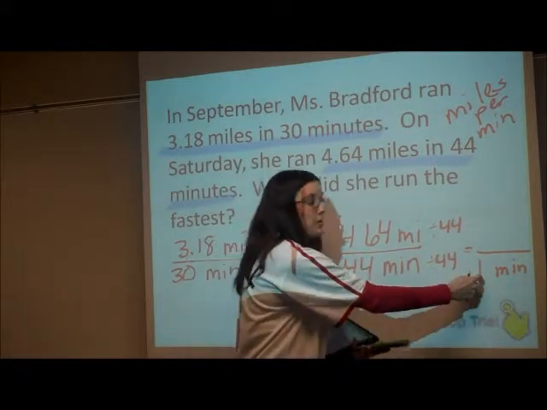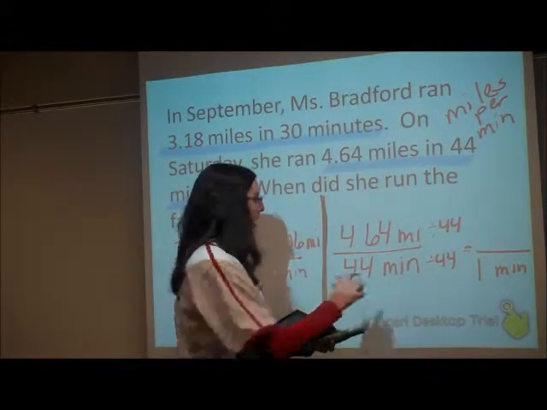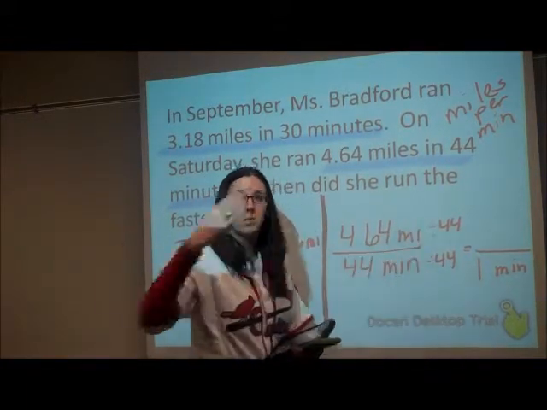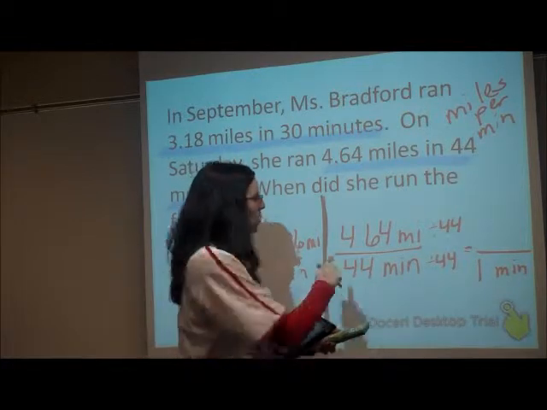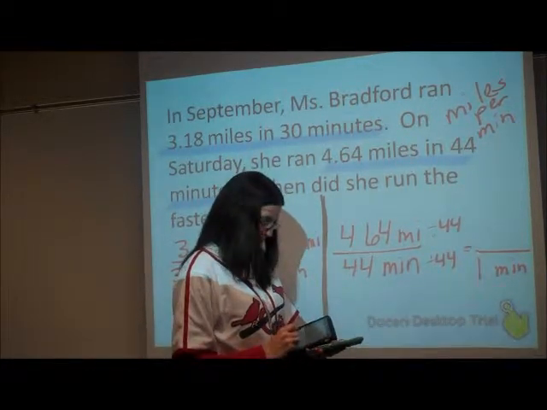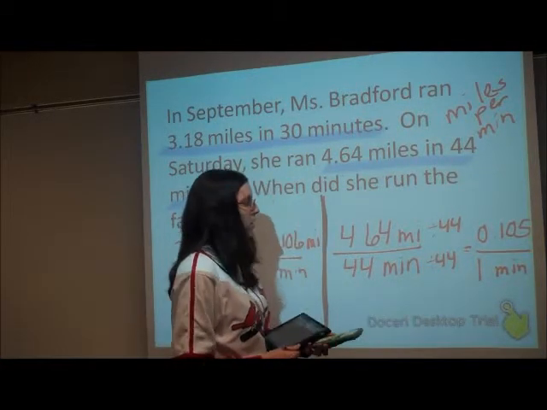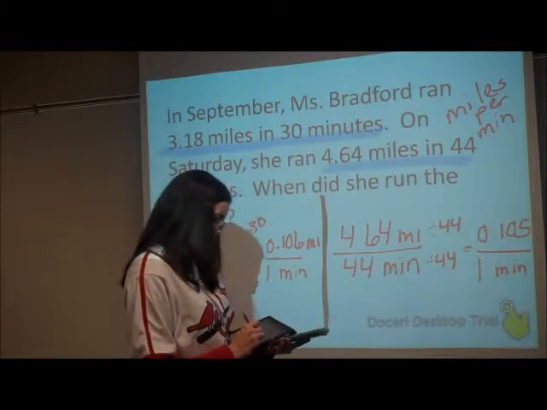So 44 divided by 44 gives me 1. So using my calculator, again I'm taking this many miles, dividing it between the 44 minutes. So I take 4 and 6400ths, divide by 44, and I get 0.105. And some more decimals, and that's miles.